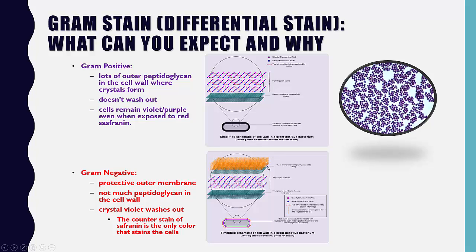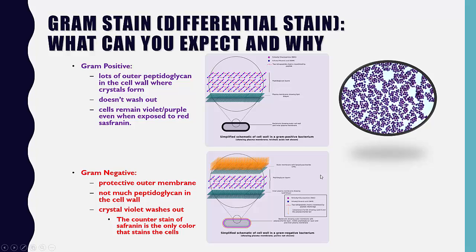Just these bacteria that we call gram negatives. It is very protective. Any chemicals like stains have to get through an extra protective membrane layer. So things don't penetrate through this layer very well.